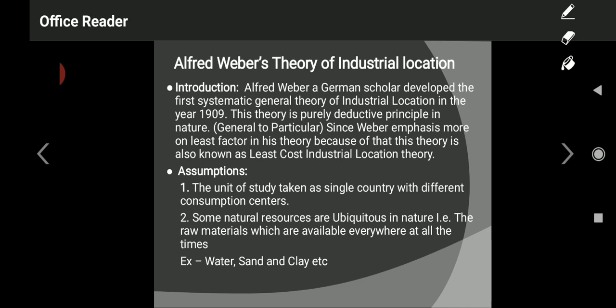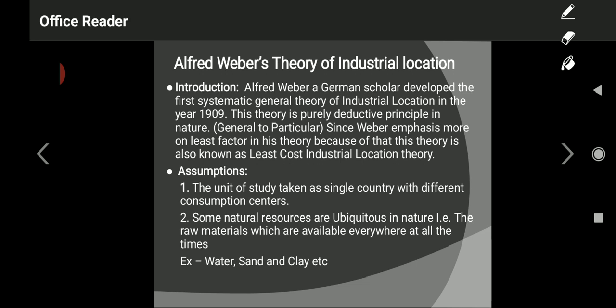Now coming to the first assumption. According to Weber's theory of industrial location, the first assumption is the unit of study taken as a single country with different consumption centers. Listen, when Weber starts studying industrial location, he has taken a single country, as I said in the beginning, like India, or USA, or Japan, France, whatever. So he has taken a single country with different consumption centers.